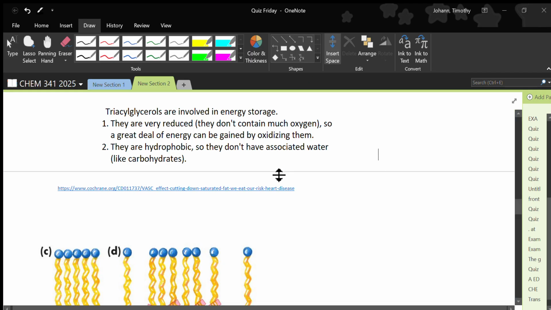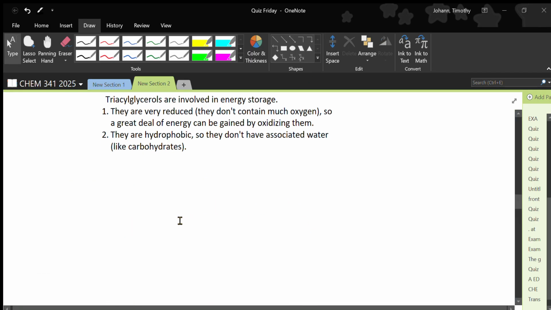Then what I've done here is I drew a couple different types of fatty acids up above. There are three main types I want to consider in here.